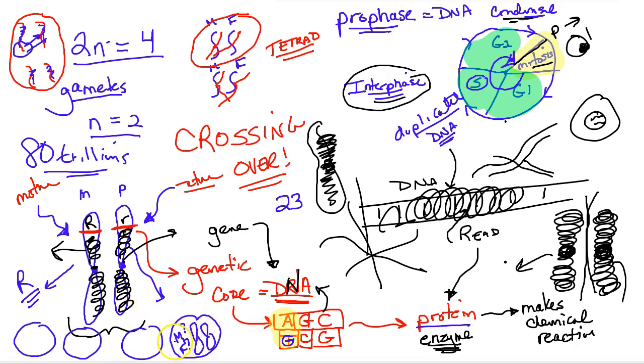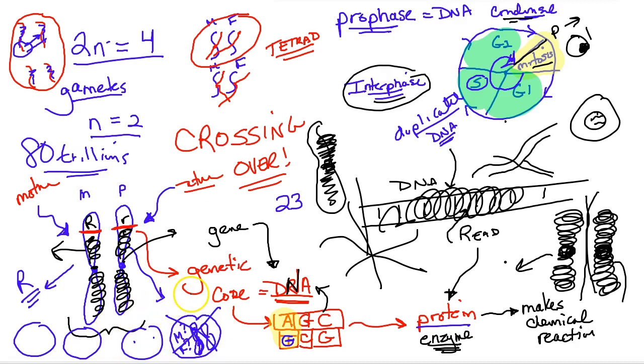Because of random fertilization, not all of these gametes will make a zygote. This might have one of the genes that never get expressed because of chance.